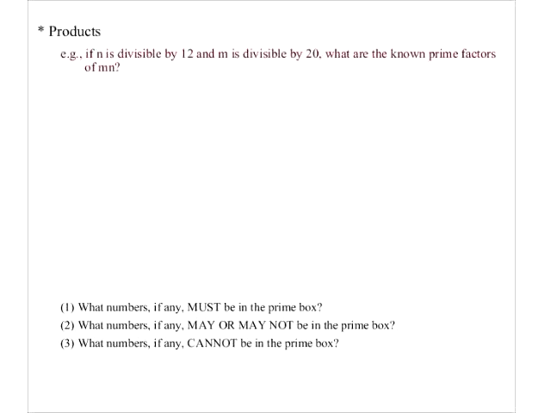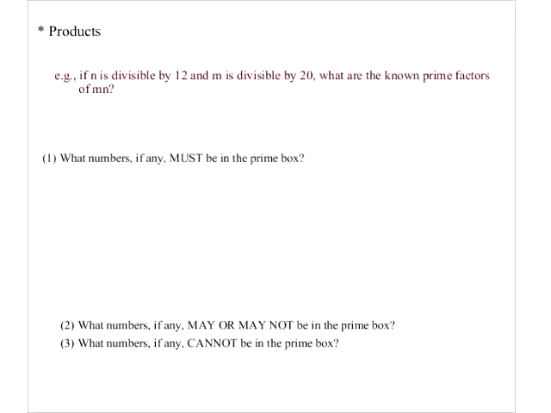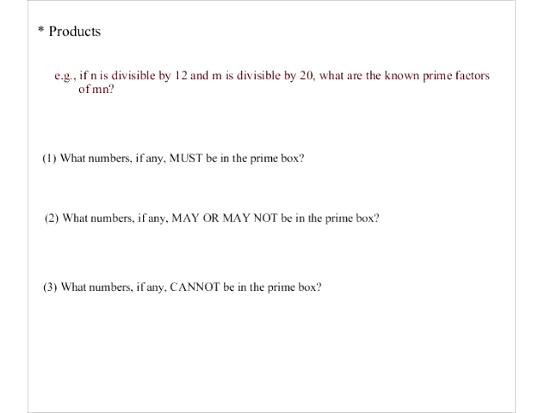So if n is divisible by 12 and m is divisible by 20, then what are the known prime factors of mn? Now notice this is different. Now we're actually talking about 2 different numbers. Very important.